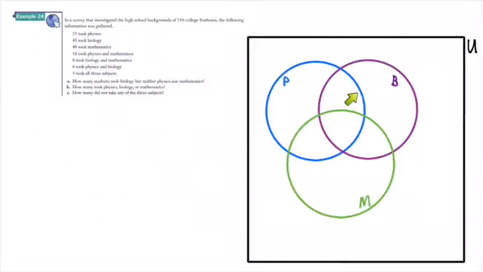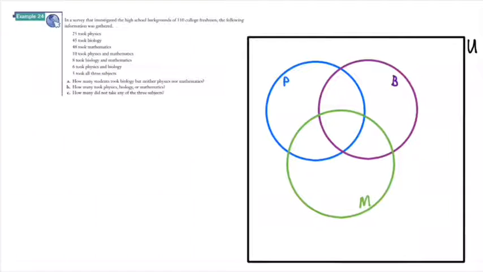They mean that the total number in the physics set is 25. That includes any that might be in other sets as well. So we only can have 25 members in this physics set. And 45 took biology, so the numbers here will all total to 45 and so on.